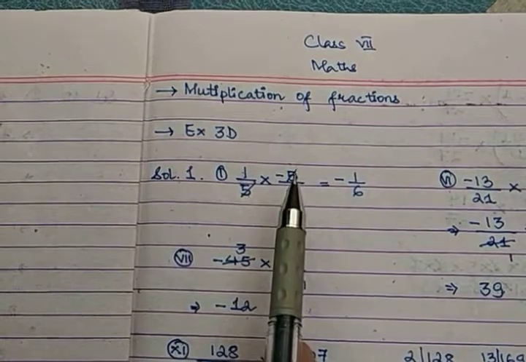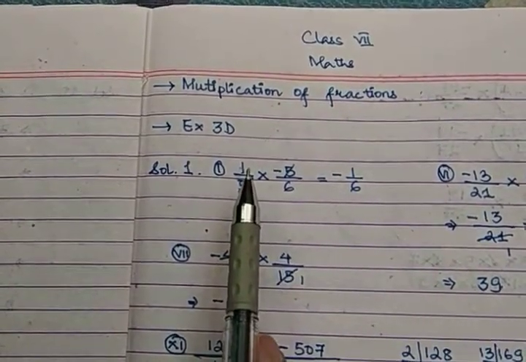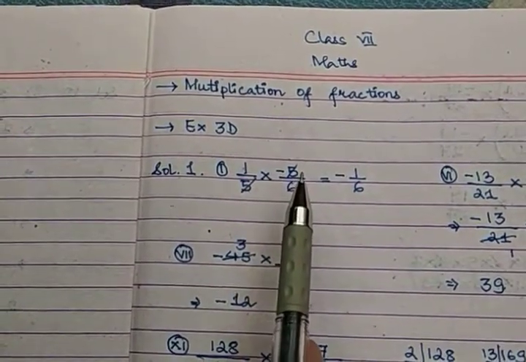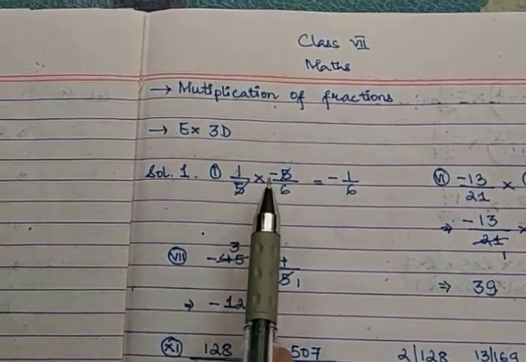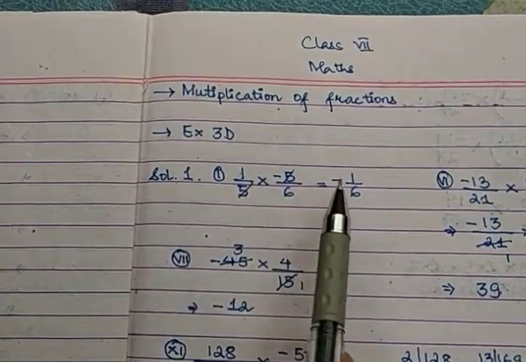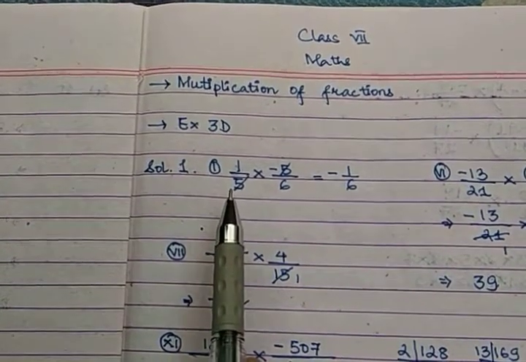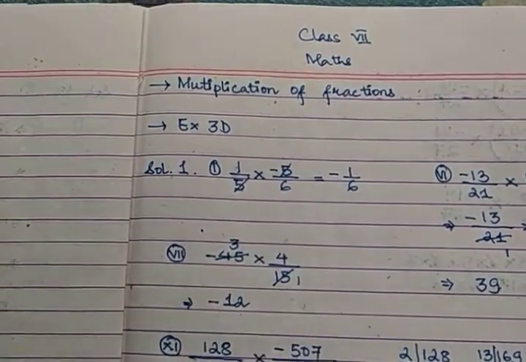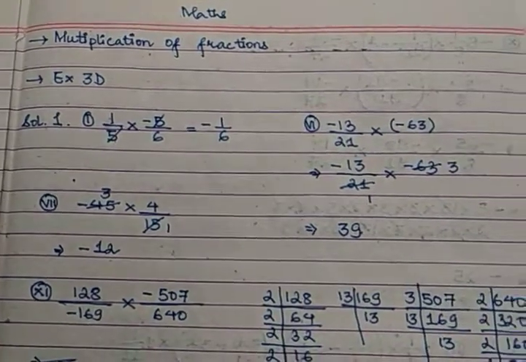Only the cancellation can be done with the numerator and the denominator. So for the numerators, 1 into minus 1, we have minus 1 because it has been cancelled with 5. Plus into minus is minus. 1 into 1 is 1. Again we have 1 in the denominator left, so 1 into 6 is 6. So this is how it is done. It's easy, isn't it?